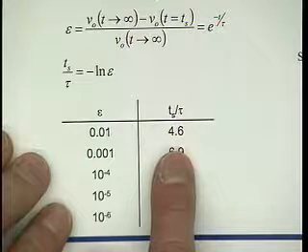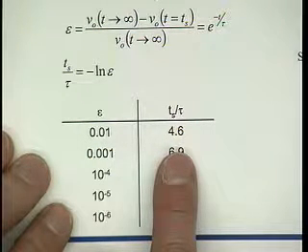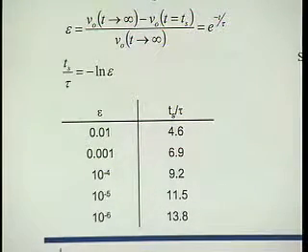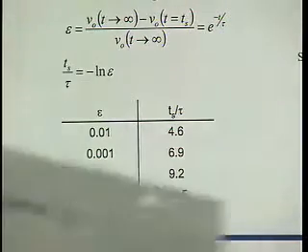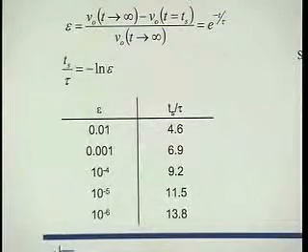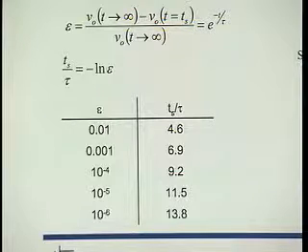And then I need to wait for 4.6 time constants. In other words, if my amplifier's time constant, right, we had that on the slide before, is 1 nanosecond, then I would have to wait 4.6 nanoseconds so that my error has decayed to no more than 1% of the exact result.